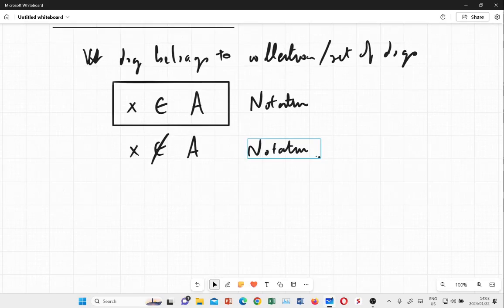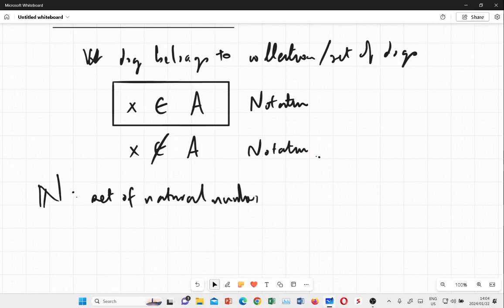Now, in mathematics we have standard notation for standard sets. N is what is called the set of natural numbers. These are the naturally counting numbers starting from 1, 2, 3, 4, 5.